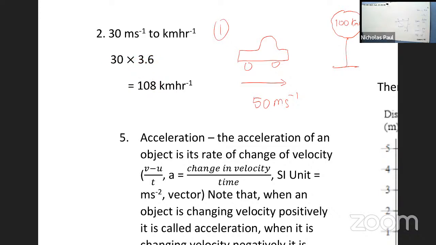Right? So that this is the correct one. 108. Yeah, 108.